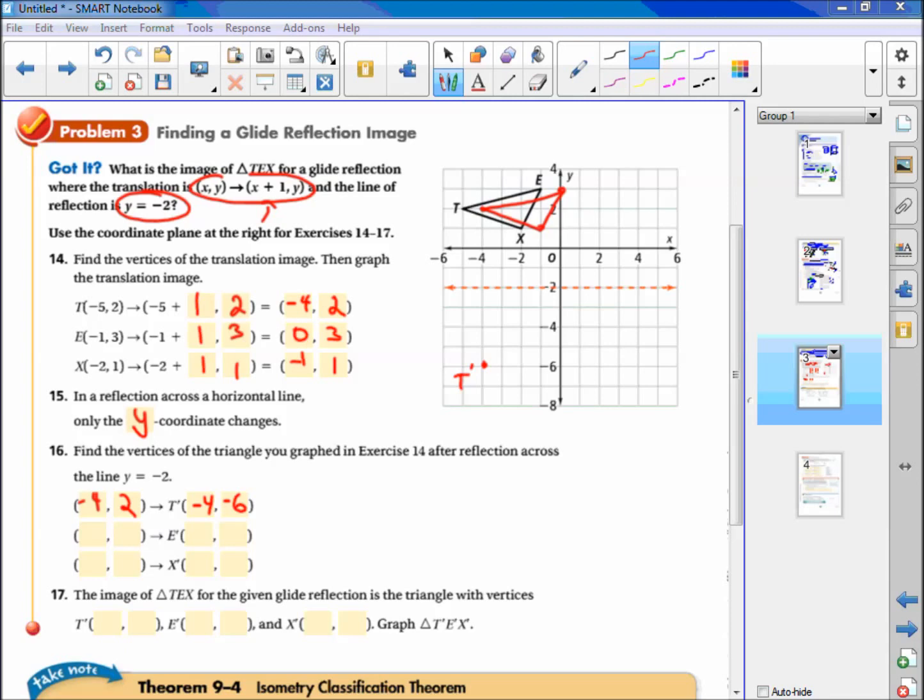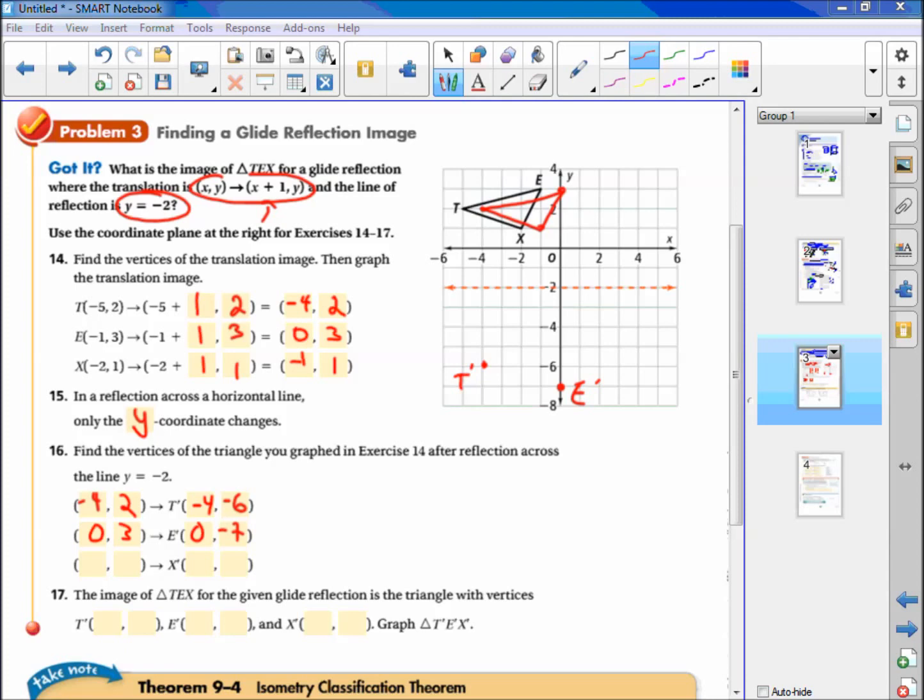Okay, and then E is 1, 2, 3, 4, 5 away, perpendicular to the line of reflection. So we count down 5 again from the line of reflection. So 1, 2, 3, 4, 5, and this will give me E prime. Okay, so E prime is going to move from 0, 3 to 0, -7.